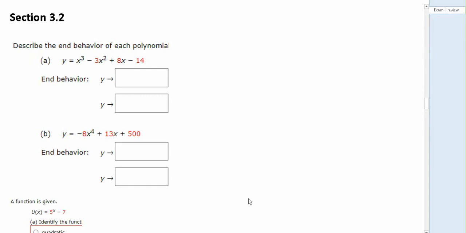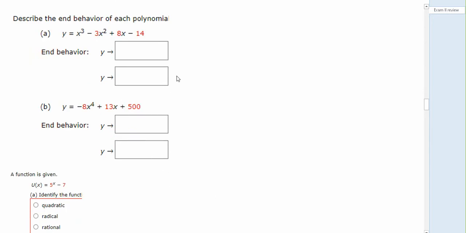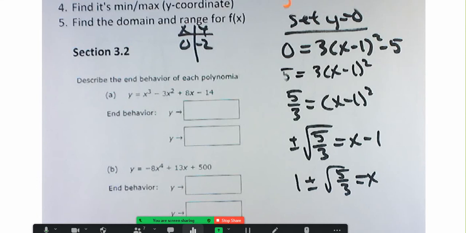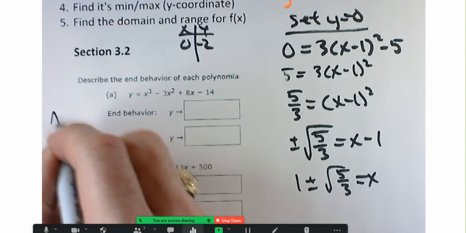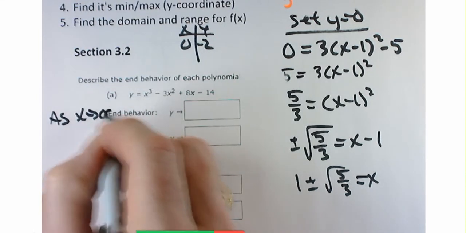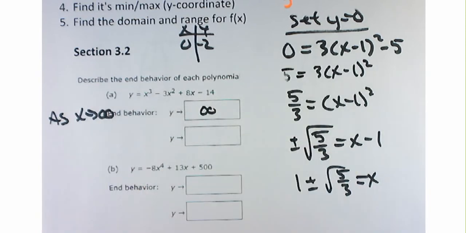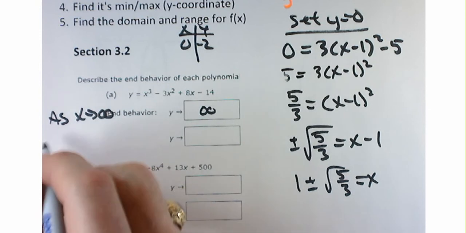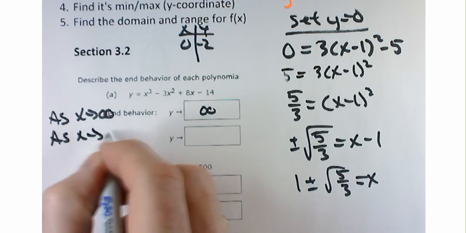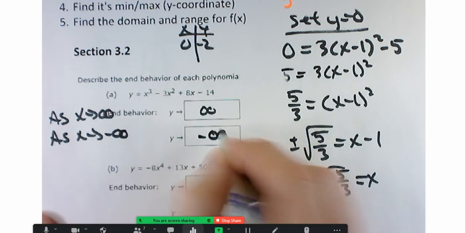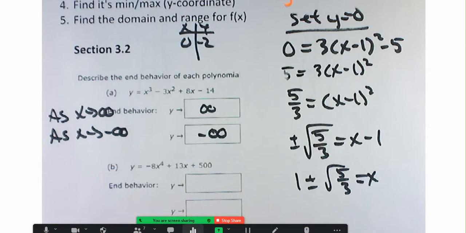So moving down to this one, and this isn't really written wonderfully, I would say as x approaches infinity, y is going to approach infinity because it's that first type of behavior. As x approaches negative infinity, y also approaches negative infinity.